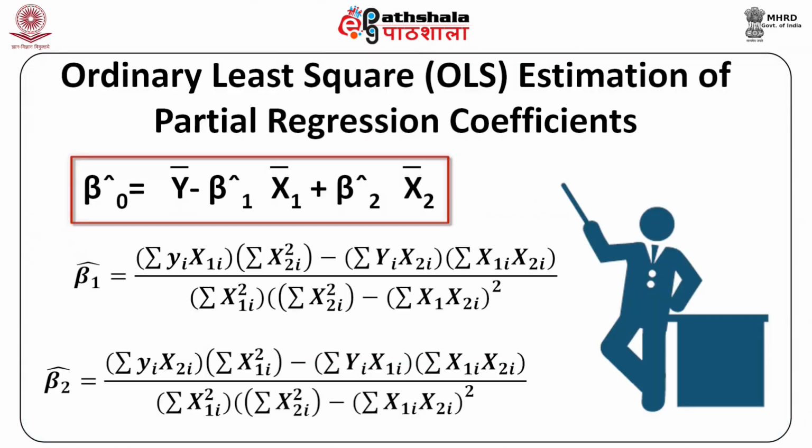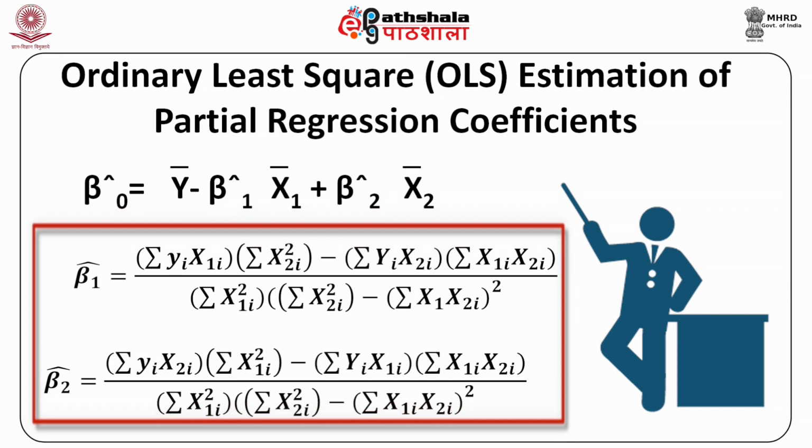Beta hat 0 is equal to y bar minus beta hat 1 into x bar 1 minus beta hat 2 into x bar 2. Beta hat 1 is equal to summation yi x1i into summation x squared 2i minus summation yi x2i into summation x1i x2i, all over summation x squared 1i into summation x squared 2i minus summation x1i x2i the whole squared.